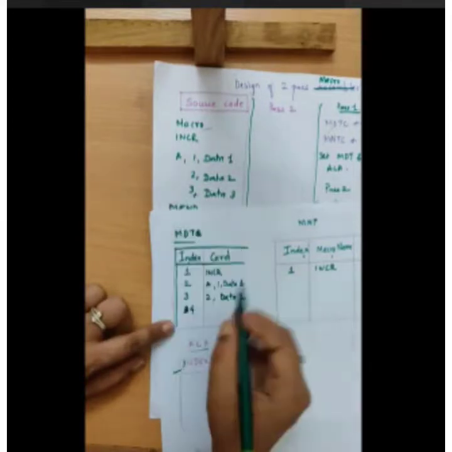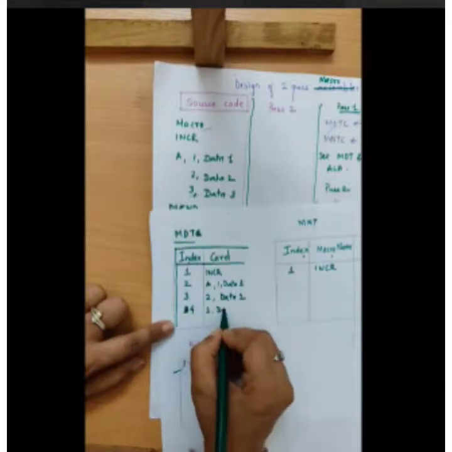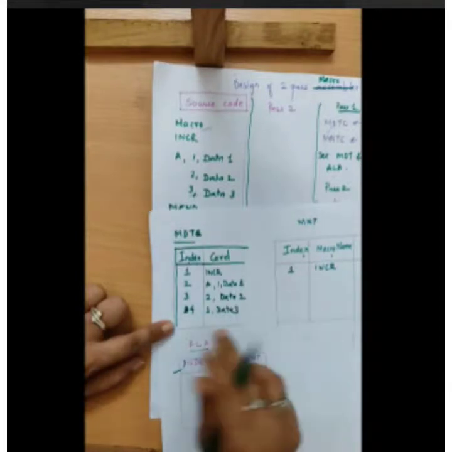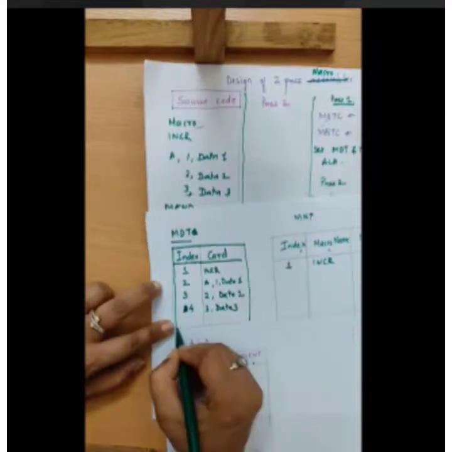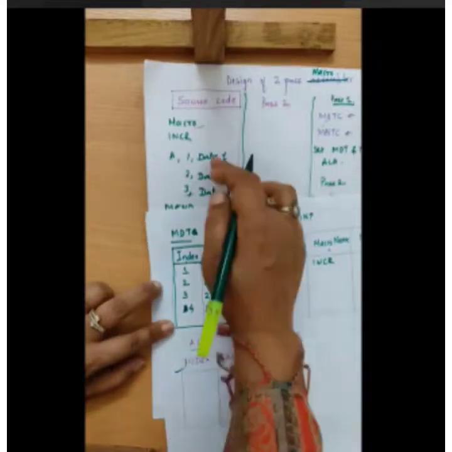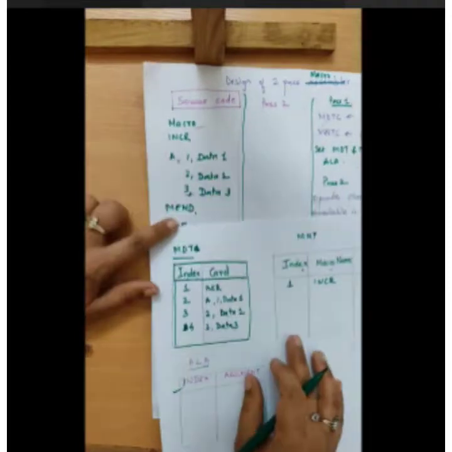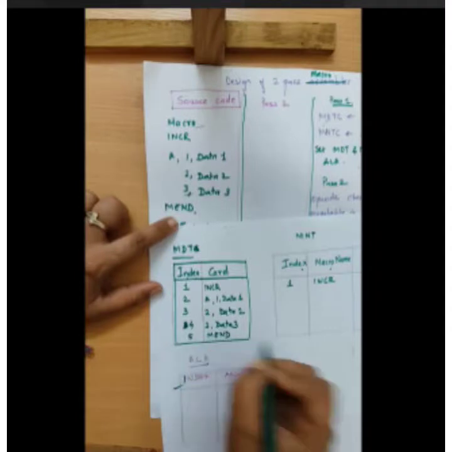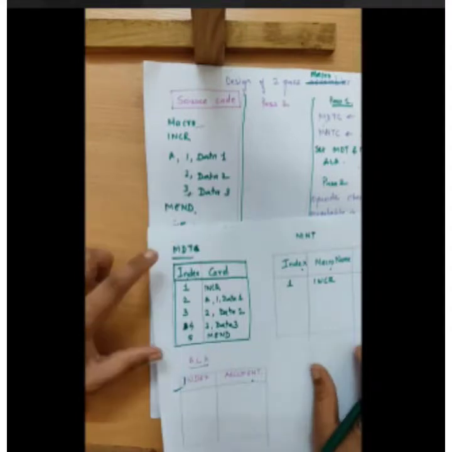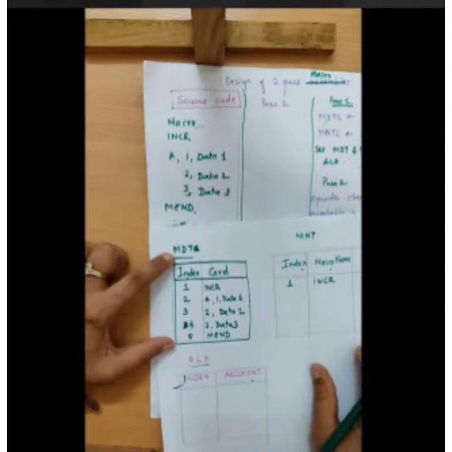The next line is A3 comma data 3. So this is our MDT table which we have defined here, and it includes all. The next line is MEND, so your MEND comes at number 5, right? So now our MDT table is ready.